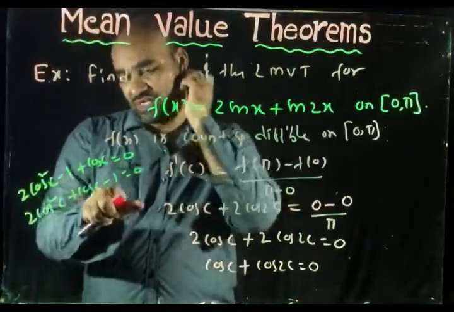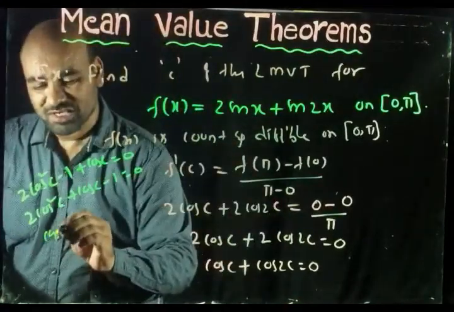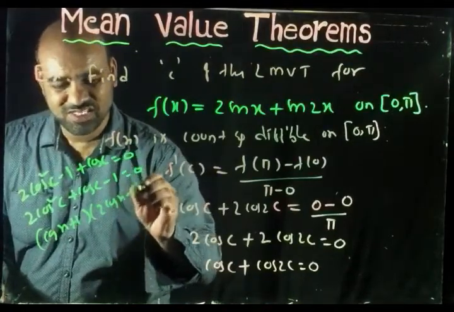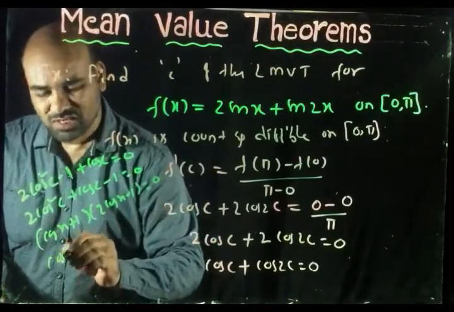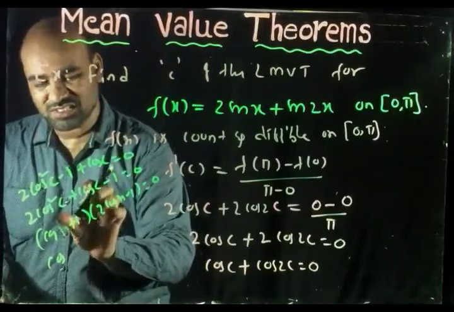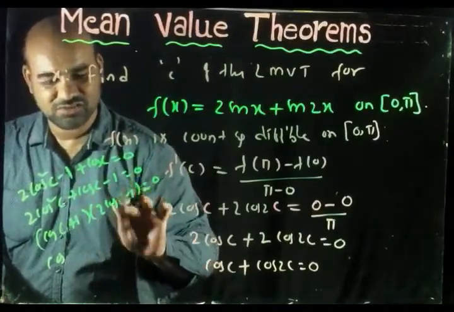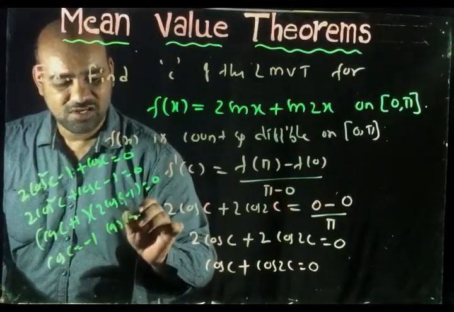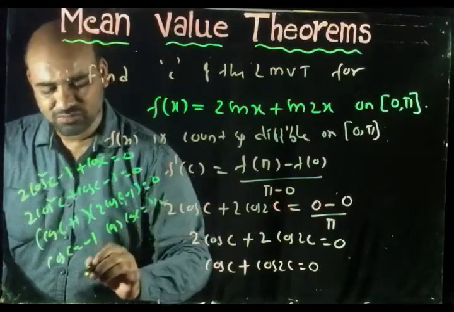Factorization: 2 into minus 1. So cos C plus 1 into 2 cos C minus 1 equal to 0. Cos C equal to minus 1 or cos C equal to 1 by 2.